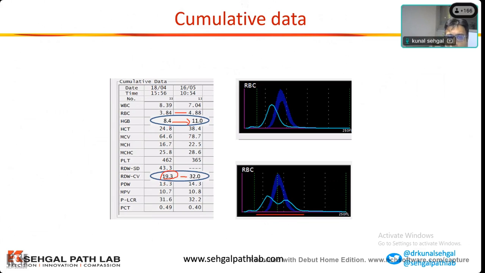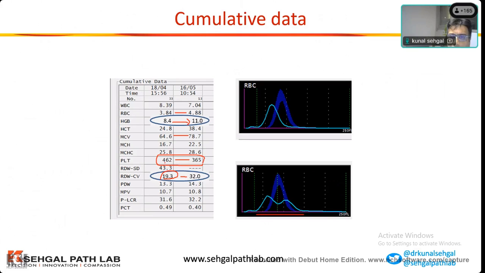RBC number going up, hemoglobin going up, MCV has gone up, platelet has become normal from high. Why? Platelet was high earlier and became normal now. The earlier microcytic population was predominant, so maybe it was counted in the platelet.